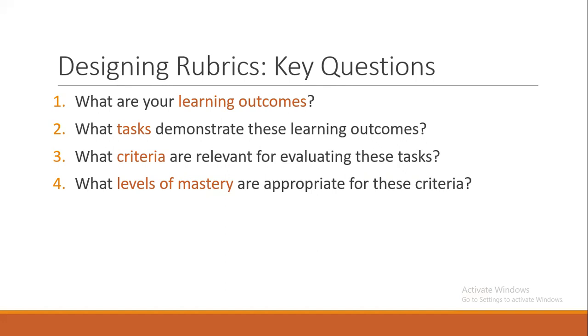It's not that you don't have criteria. You just summarize all the criteria together in one place, whereas with the analytic rubric, you separate them out into rows or columns. And then the last question is, what levels of mastery are appropriate for these criteria?